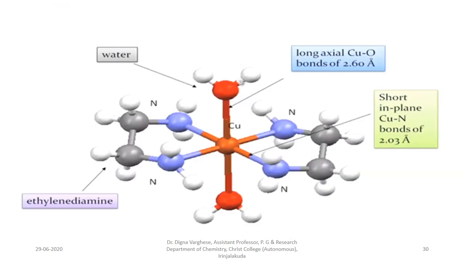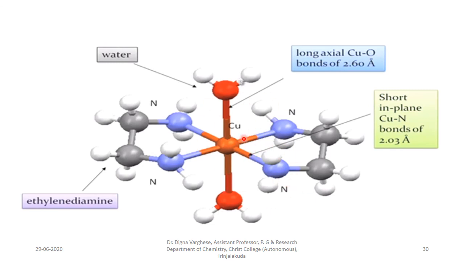In the case of the copper bis-ethylenediamine diaquo complex, as we have already seen here, there is a long axial copper-oxygen bond, that is copper to water molecules, 2.60 angstrom, and short copper-nitrogen bonds from the ethylenediamine ligand, that is 2.03 angstrom.